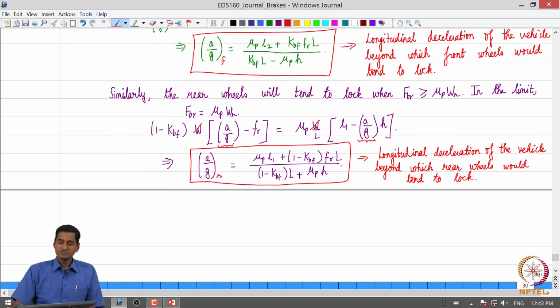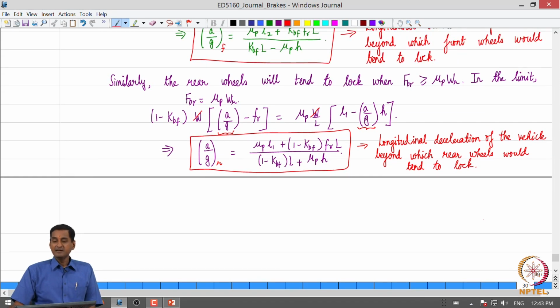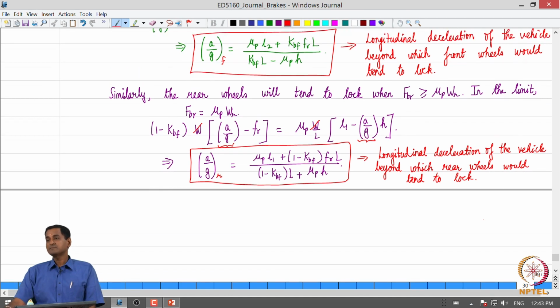So, now let us say A by G subscript F is 0.7, A by G subscript R is 0.8. So, during the braking process, which wheel do you think will lock first? Front wheel, right, because the vehicle deceleration has to cross 0.7, only then it will go to 0.8, right.